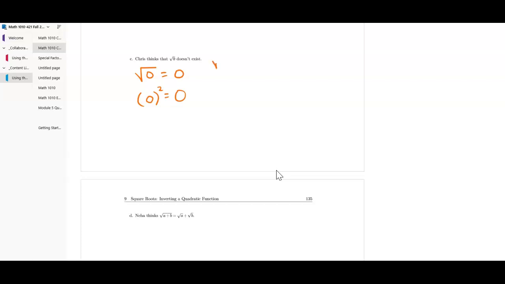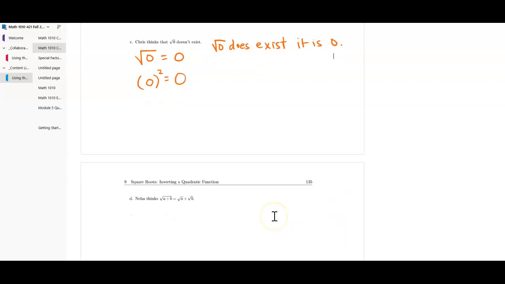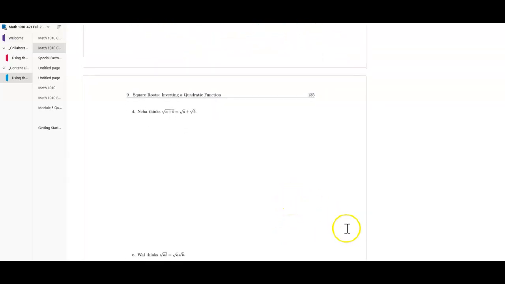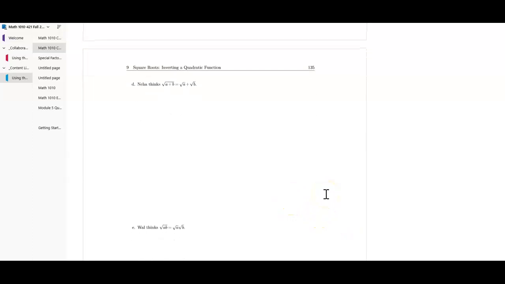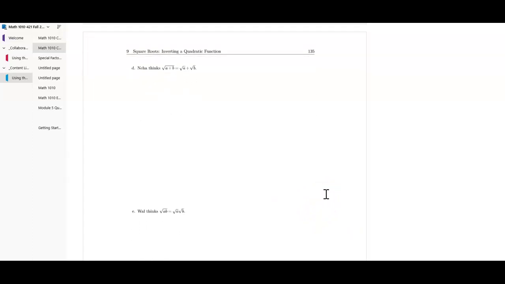So I'm just going to say the square root of 0 does exist. It is 0. Okay, so those are to help with a little bit of misconceptions that oftentimes students have with these square roots, and just trying to clear up some questions that you had in your mind when you were doing the homework or something like that.